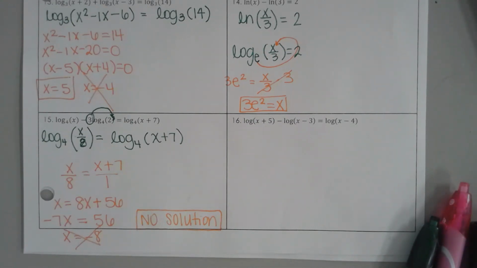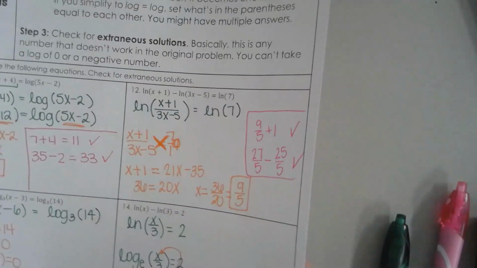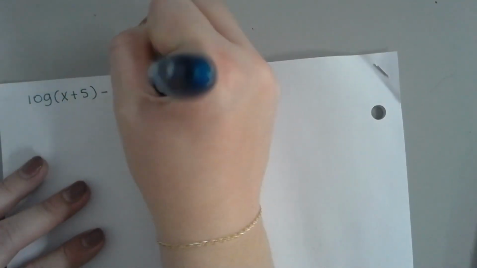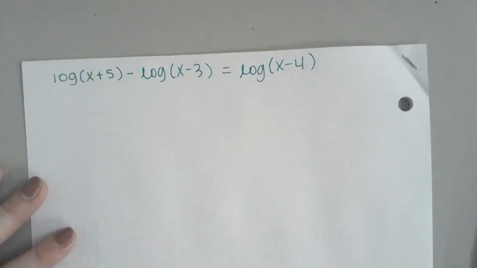Number 16, you may want to just work this one out on the back. I'm going to do that. It is log of x plus 5 minus log of x minus 3 equals log of x minus 4.